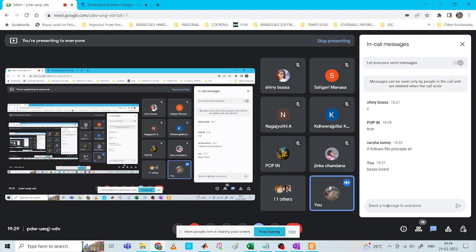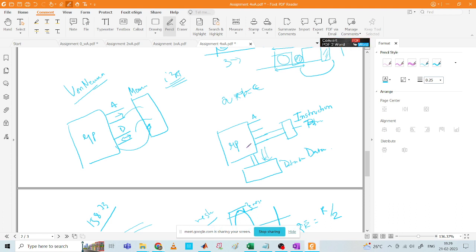DMA is direct memory access. Normally, let's say you have your microcontroller, and it is busy doing some operation, taking data from the instruction memory and executing.